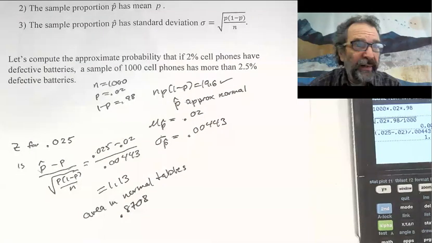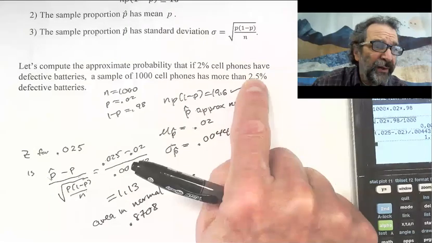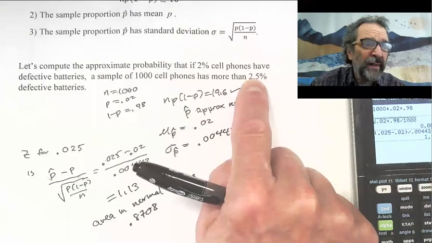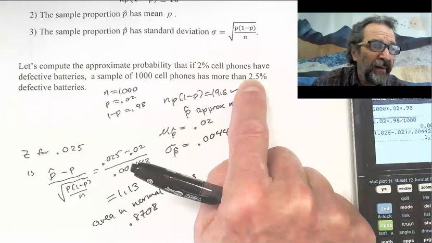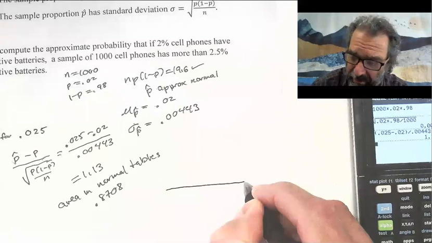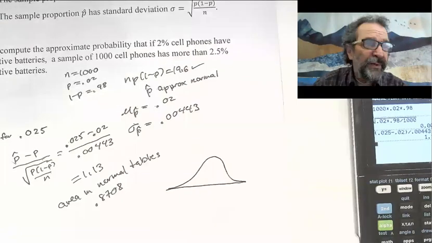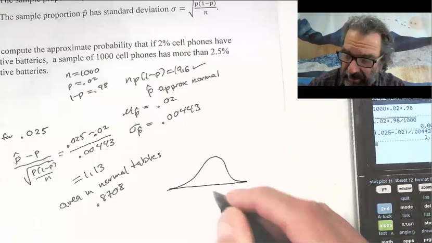And then we're looking here, it says it's a more than question. So in the bell curve, what are we thinking here? It's something like this. We said that we have a normal distribution. The mean is 0.02.